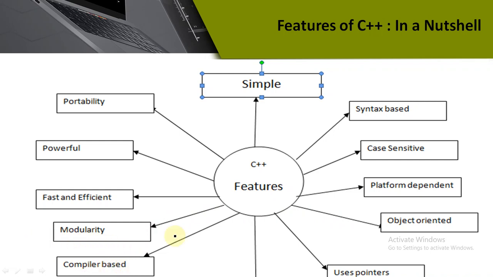It has a huge function library, a rich resource of function library, and it is fast and efficient when compared to C. It is very powerful because there is a brevity in writing a program in an object oriented style. It is portable. Any program written in C++ has huge portability across different kinds of machines.